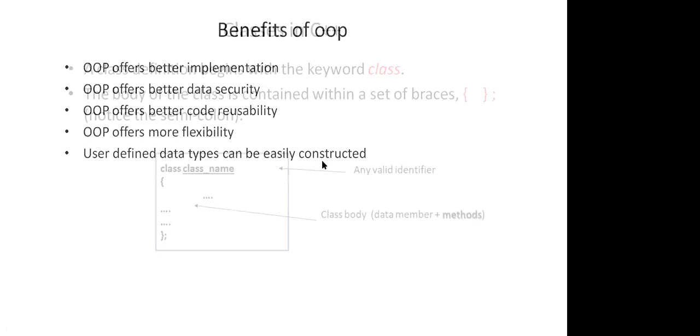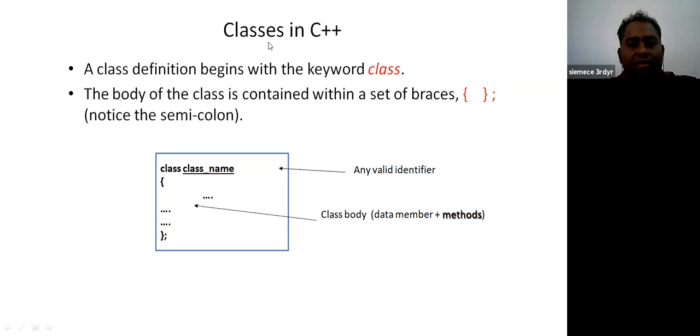Next, class in C++. I have shown you the diagram. Now here we'll see the structure, how we are going to write these things. A class definition begins with the keyword class.